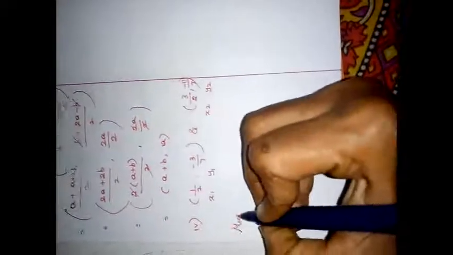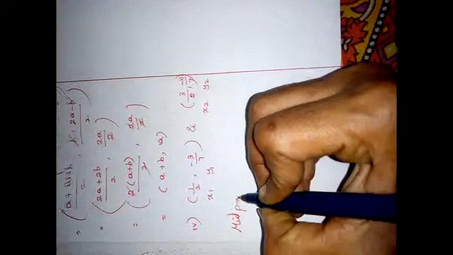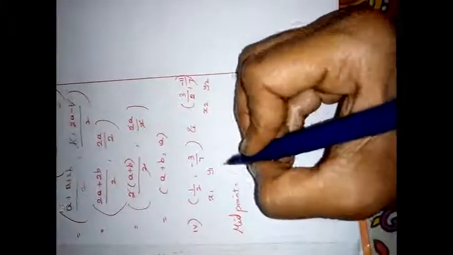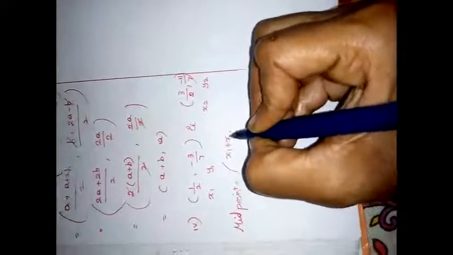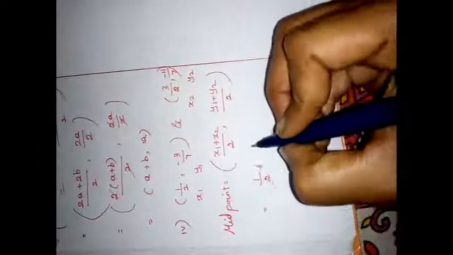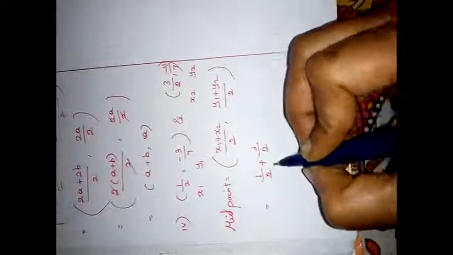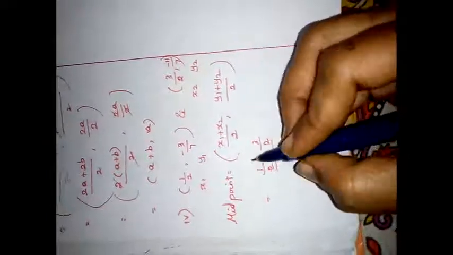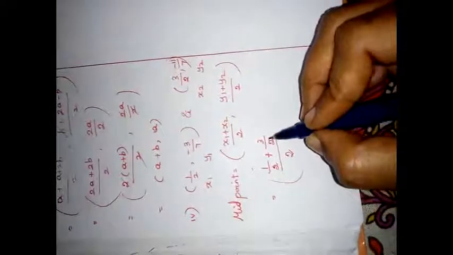The midpoint formula is ((x1 + x2)/2, (y1 + y2)/2). Now applying the points in the formula, (1/2 + 3/2) by 2. This is x1, x2 by 2.